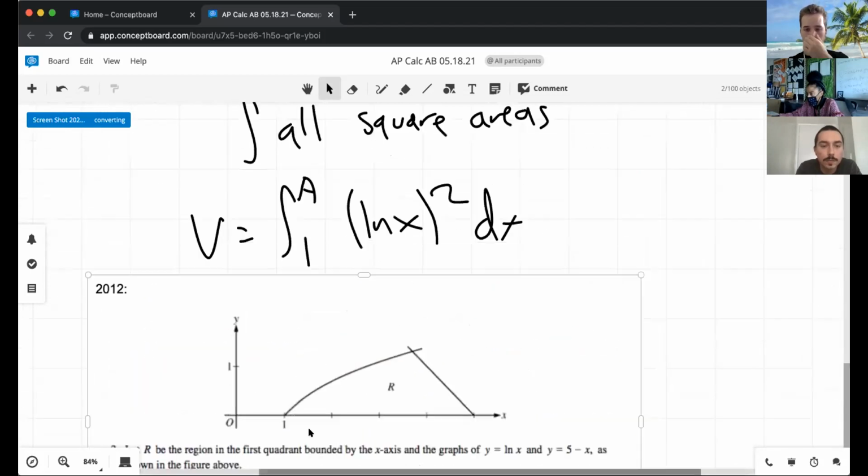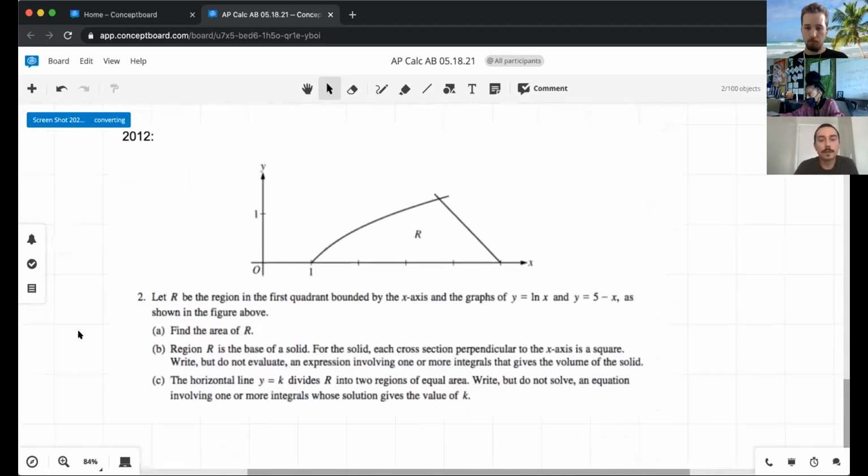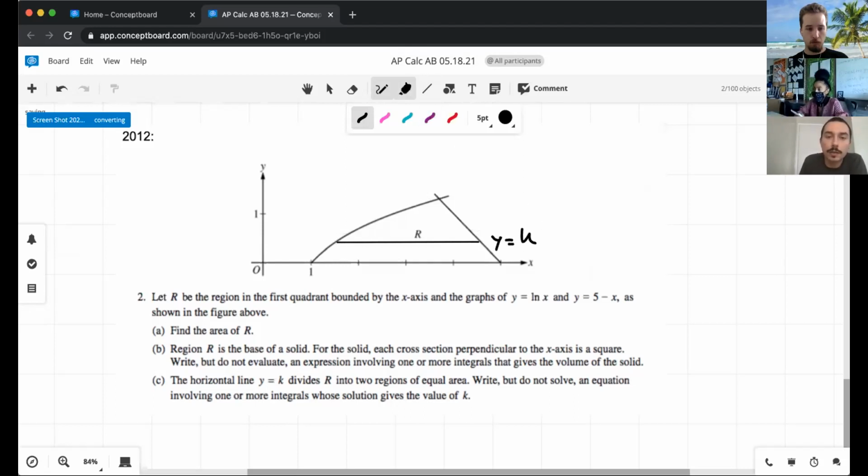So this will be for part C. We need to find the value of k. Oh man, this one might be a little challenging. We need to find some value of k that splits this region in half. It'd probably be about there. We need to find a y equals line, so it is a horizontal line. This would be our y equals k, and these two regions here are supposed to be equal when we find k. So our goal is to find k.